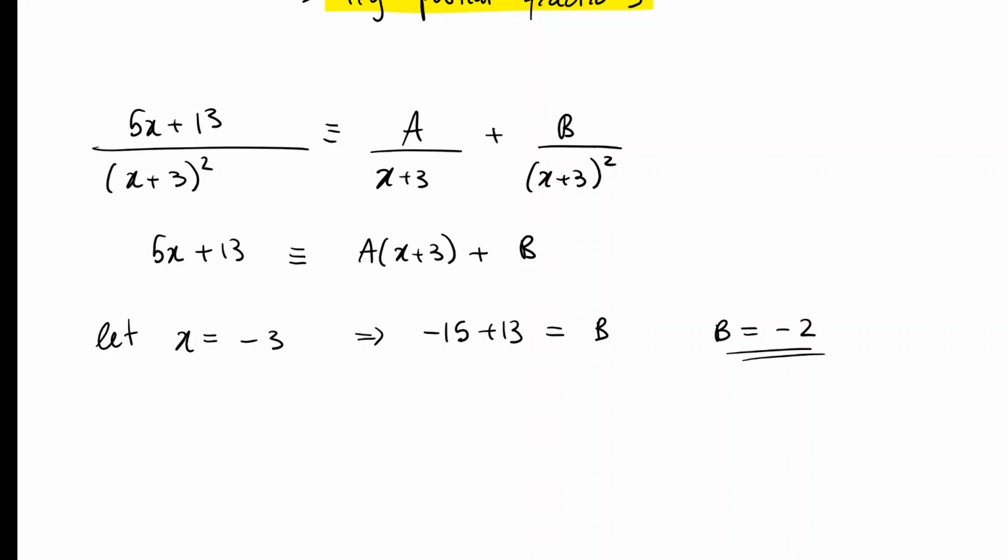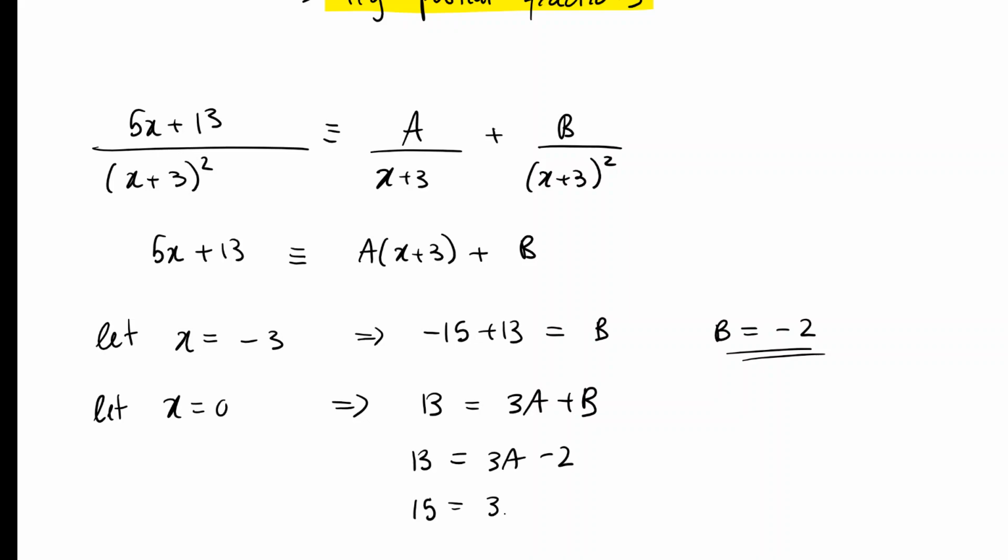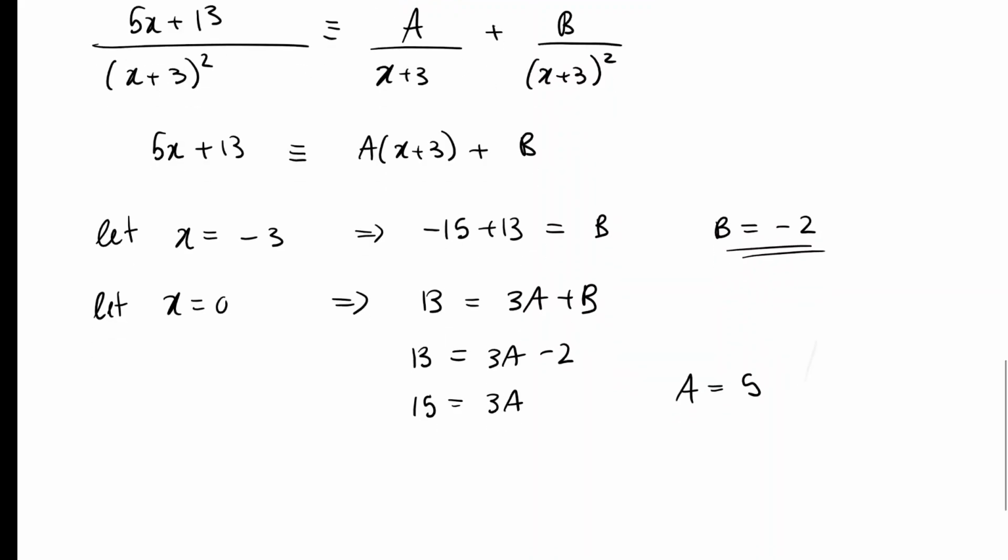There isn't another value of x that will zero out part of the equation like x equals minus 3 would. So we'll just let x equal 0. This gives 13 equals 3a plus b. b is minus 2, so 3a minus 2. 15 is 3a. Therefore a is equal to 5.